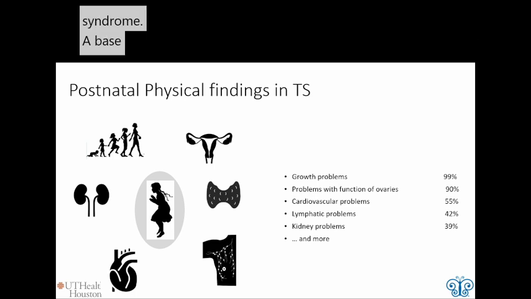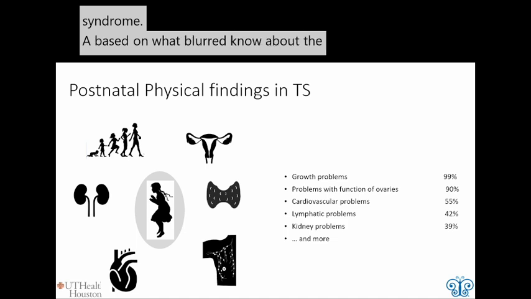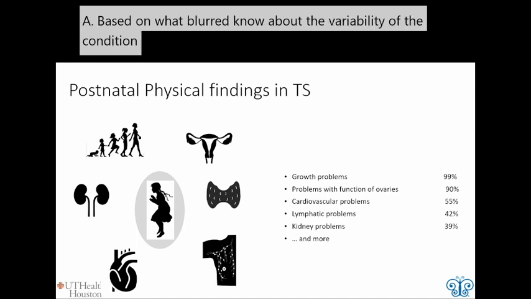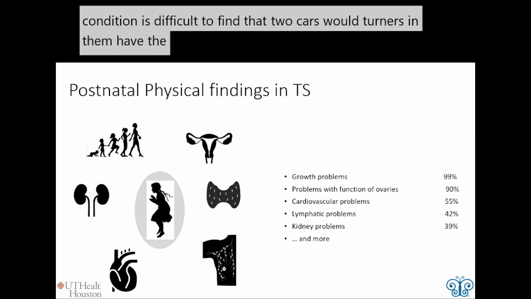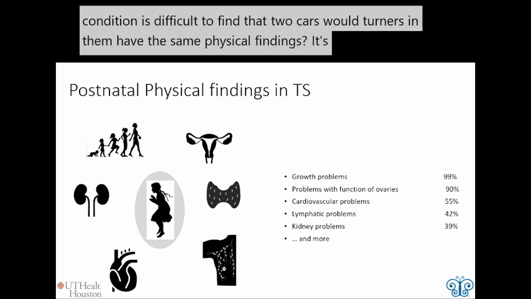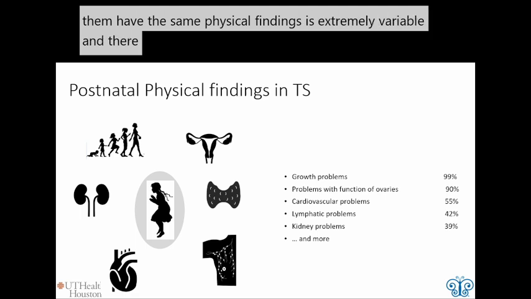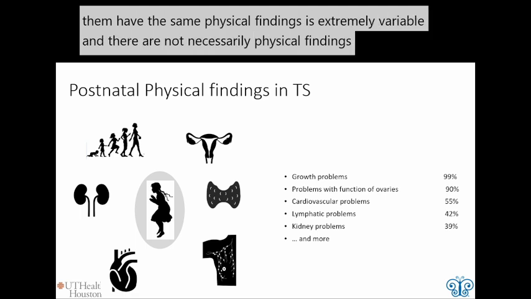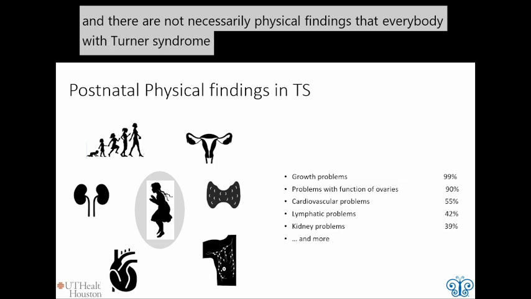Based on what Blair knows about the variability of the condition, it's difficult to find that two girls with Turner syndrome have the same physical findings. It's extremely variable. And there are not necessarily physical findings that everybody with Turner syndrome for sure has.